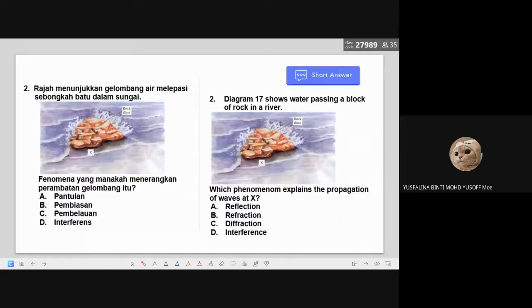All right, it says, which phenomenon explains the propagation of water at X? This one passed through the rock, so the rock is acting like a barrier or obstacle.